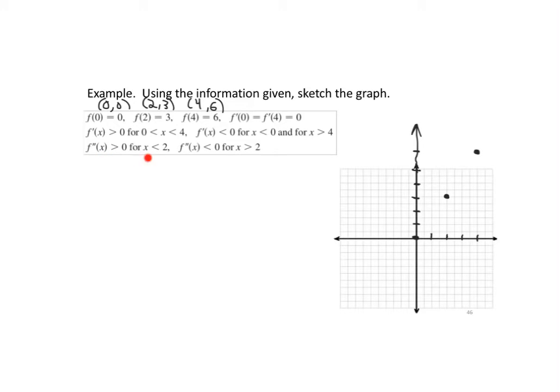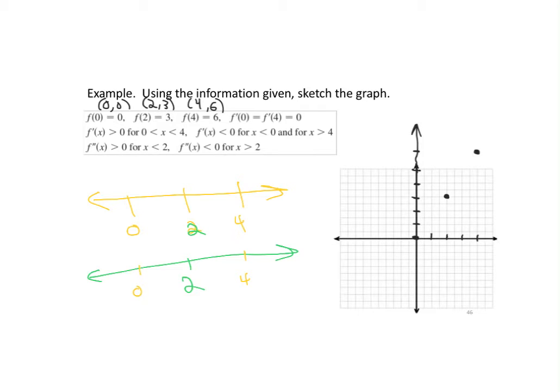Concavity, let's put that together with increase versus decrease. I'm going to label 0, 2, and 4 on this number line, even though the 2 comes from concavity. And then I have my concavity number line. I'm going to label 0, 2, and 4 there.